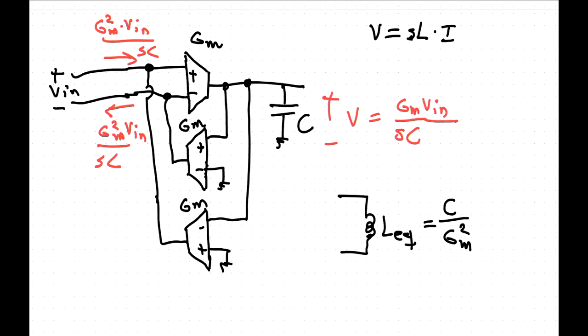So 10 nanohenry is probably about as much as you can squeeze in with a Q of say 30. If it's not high frequency, you can normally get better circuits like this.